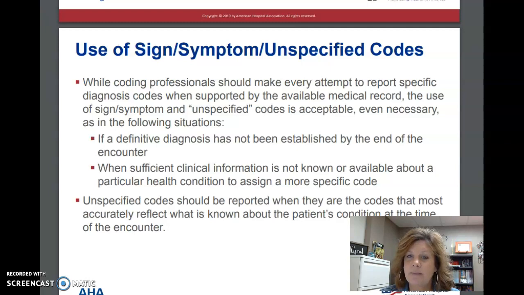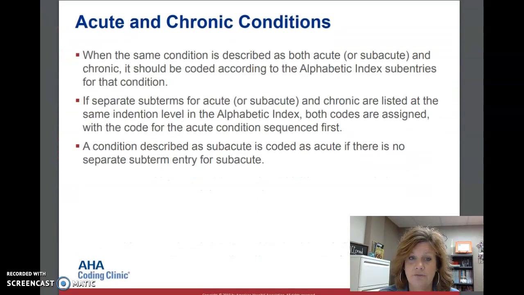The only thing I have to say about signs and symptoms is that you are going to code them if they're not related to the principal diagnosis. So if I'm coming in for chest pain and my diagnosis is myocardial infarction, I cannot code the chest pain because it's related to the infarction.